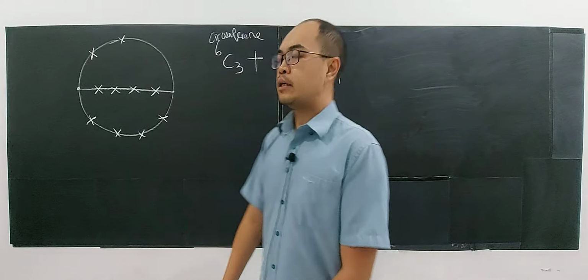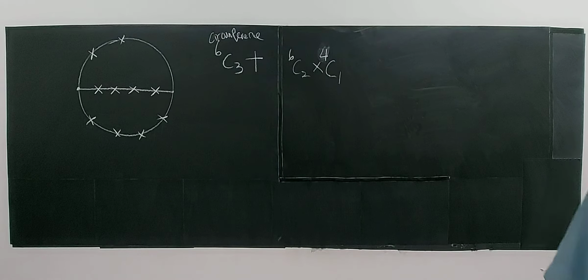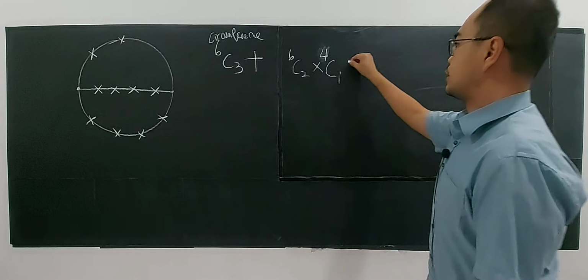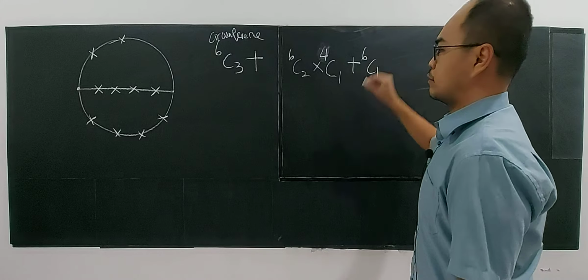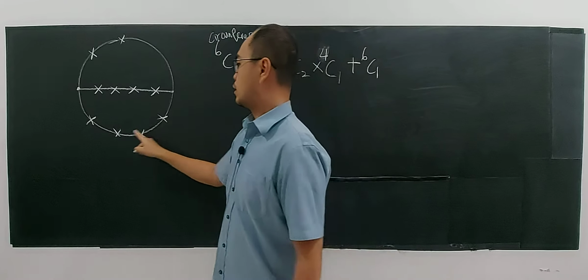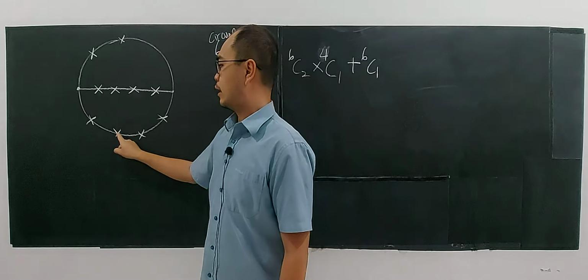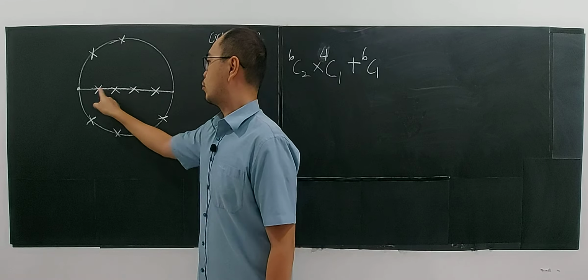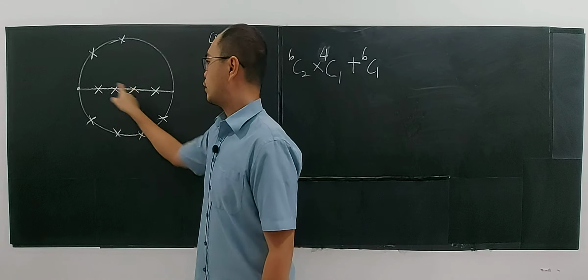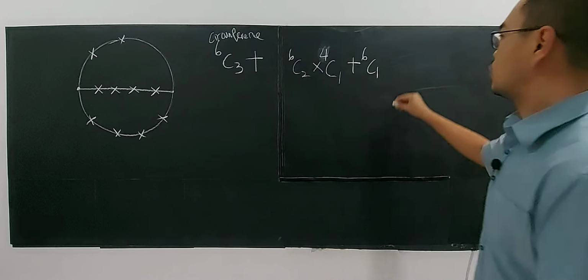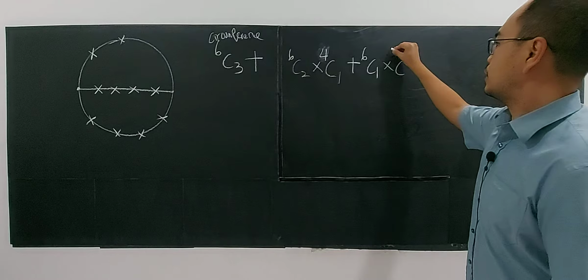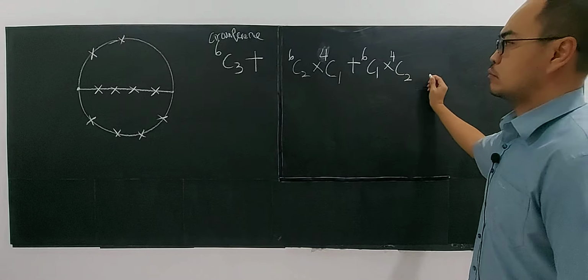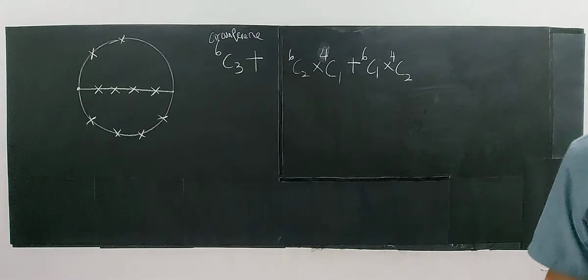So, is there any more possibility? You can try to think. Yes, another possibility is that I choose 1. Just now I chose 2, now I choose 1 from the circumference. Can you see? So with these 2 points on the diameter, 1, 2, 3, you can form a triangle also, right? So from the diameter I have 4, I choose 2.